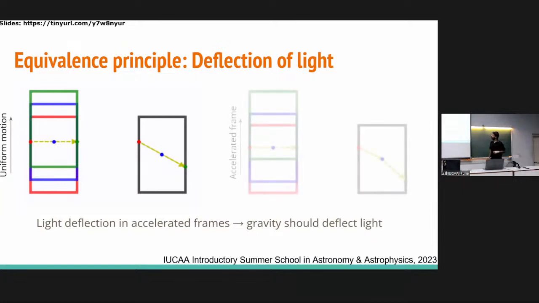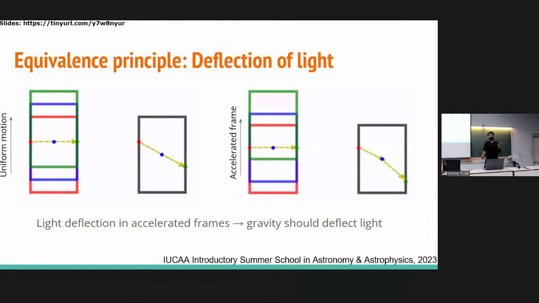Now you can think what happens if instead the lift is an accelerating frame, right? Then initially you go in time delta t from here to here, but because it's accelerating, now this distance is larger, right? And so light continues to travel in a straight line, as an observer who is sitting outside the lift will say, right?